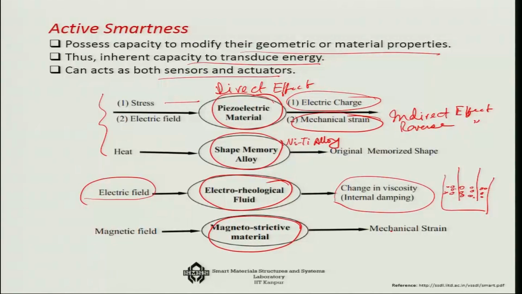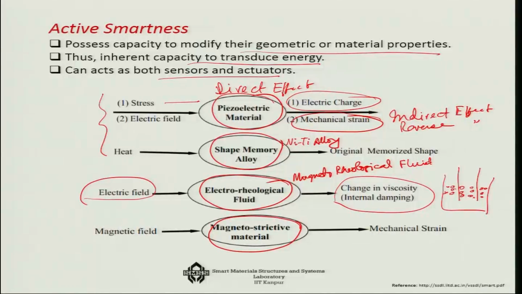So this is the electric field which is responsible for the change in viscosity. There are many fantastic applications, particularly not with electric field but with magnetic field, and we call such materials magnetorheological material. Very similar to this effect, but the source responsible is not electric field but magnetic field.